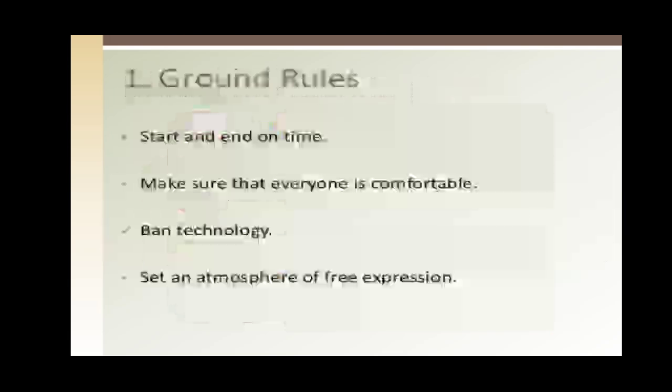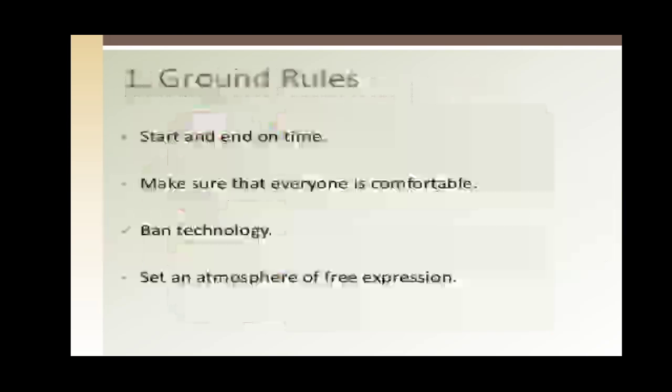Let's see the ground rules and effective chairing in a detailed way. So here are the points for ground rules. Ground rules means start and end on time, and make sure that everyone is comfortable. Another thing, for example, ban technologies and the like. So there are many things you have to keep in mind, and these four points are very important.